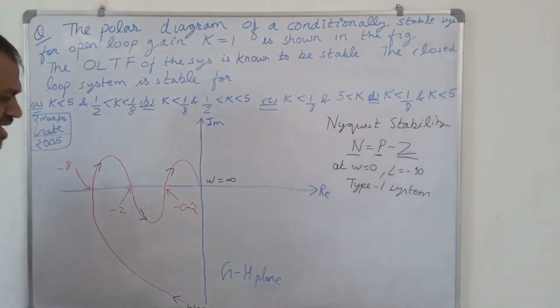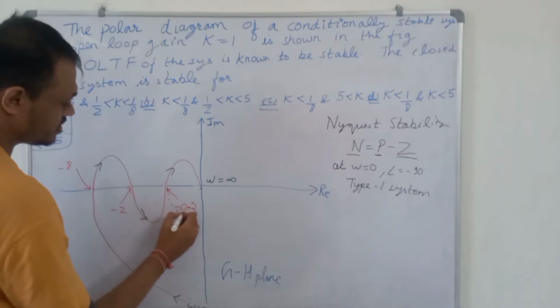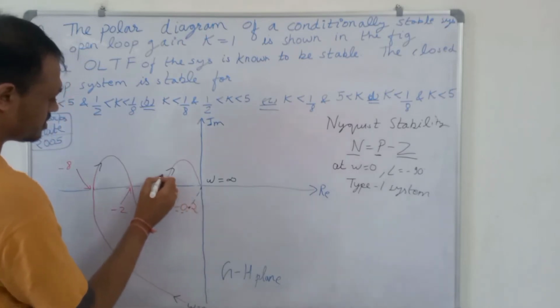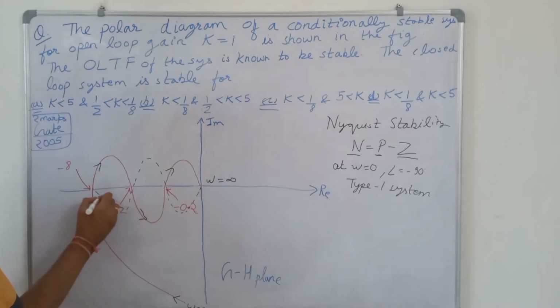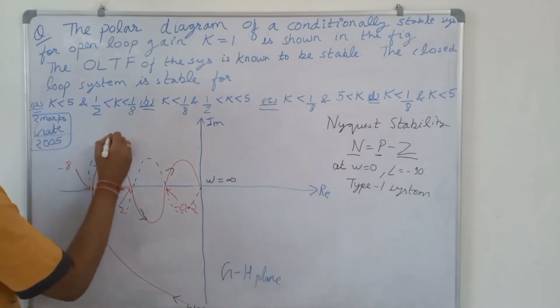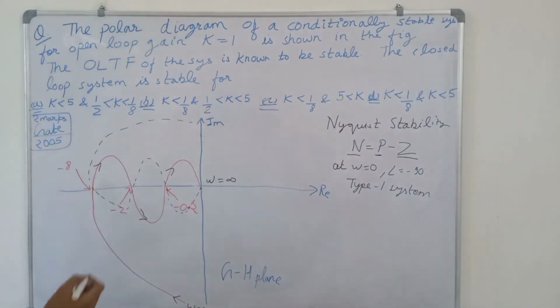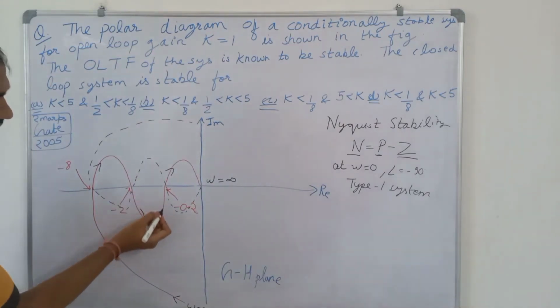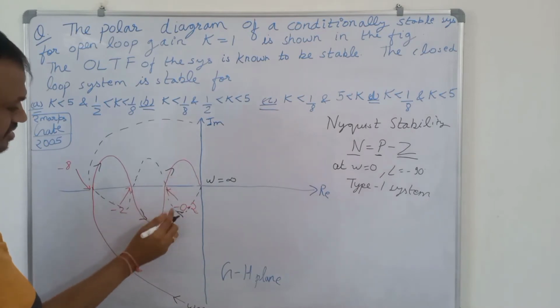Now if we draw the mirror image of this plot, then it will be like this. I am drawing the mirror image. So this is the mirror image of this plot and the direction will be like this.